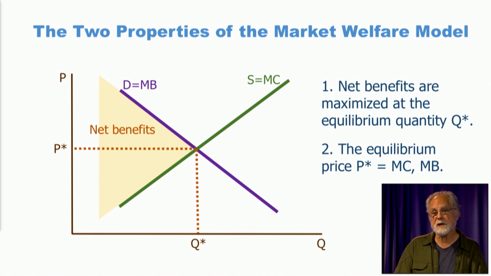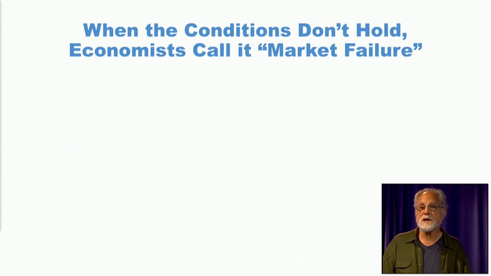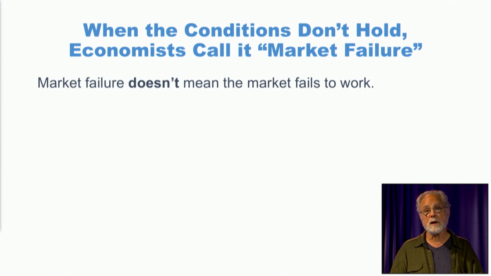But what happens if the conditions don't hold? If they don't hold, economists call this a quote-unquote market failure. Now, it's important to recognize that the term market failure doesn't mean that the market, quote-unquote, doesn't work or would break down. The market could work just fine. People could be buying and selling. There could be some kind of equilibrium in the market.